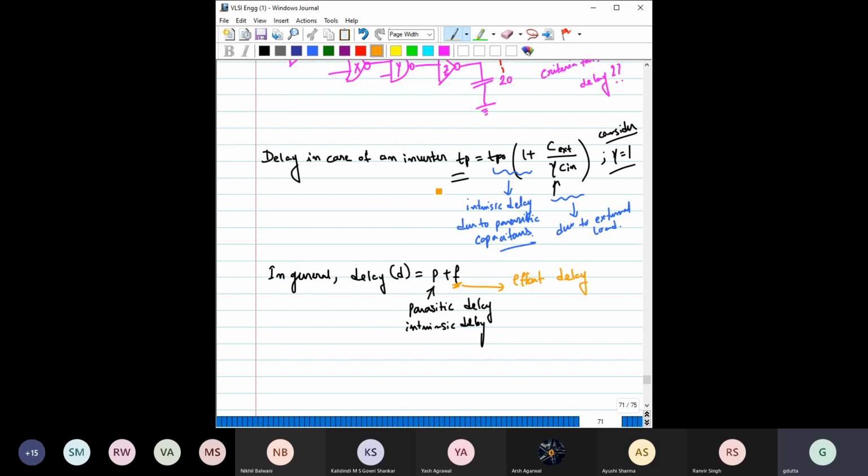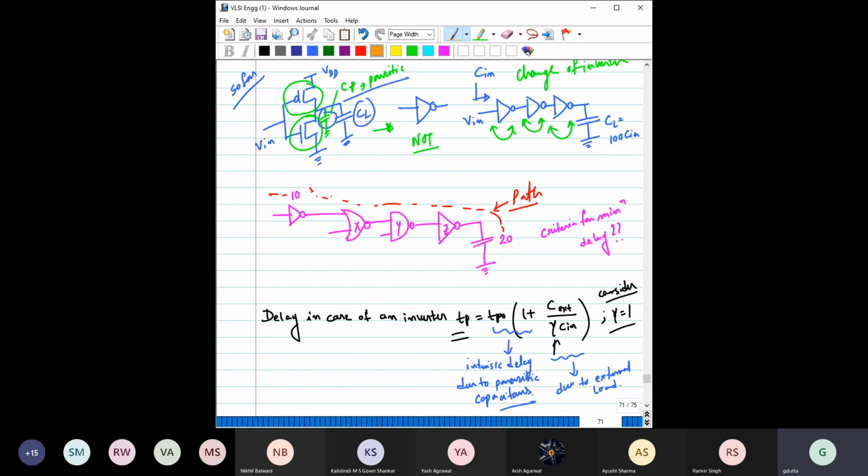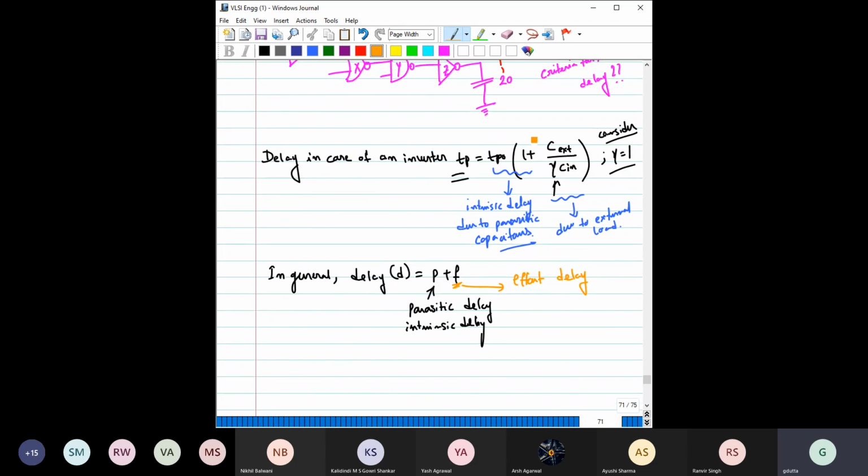Because it has to drive an external load or maybe a next stage of any other gate, it has to put some effort, and for this effort it will obviously have some delay. So we have referred to it as effort delay or next stage delay.